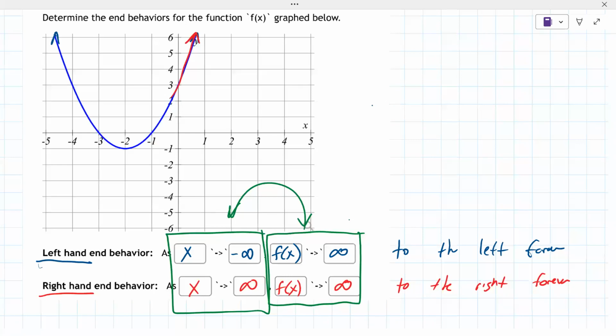Left hand is X. Yeah, it likes that way.